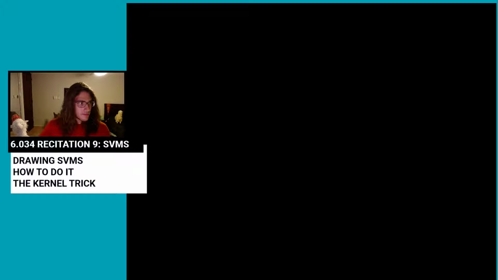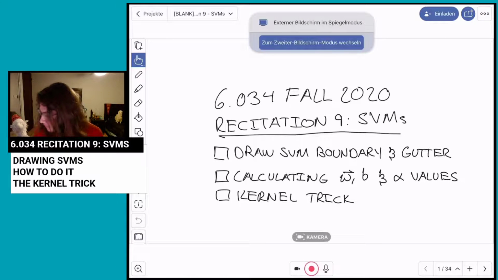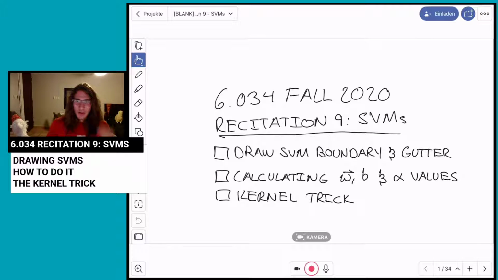I'm going to show you more conceptually how we draw boundaries in the style of a support vector machine, and obviously all the definitions and little components of support vector machines, the way we did with neural nets, ID trees, etc. And then we'll go into the specifics of calculating the individual values and the parameters, and then I'll relax the assumption that we're going to be using to simplify a lot of the math at the very end and show you ways in which people have handled it, and that would be the kernel trick.